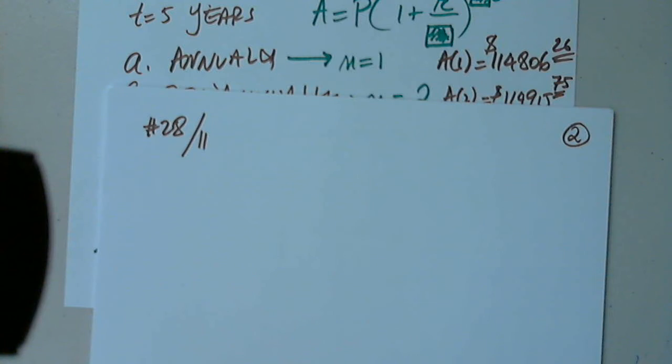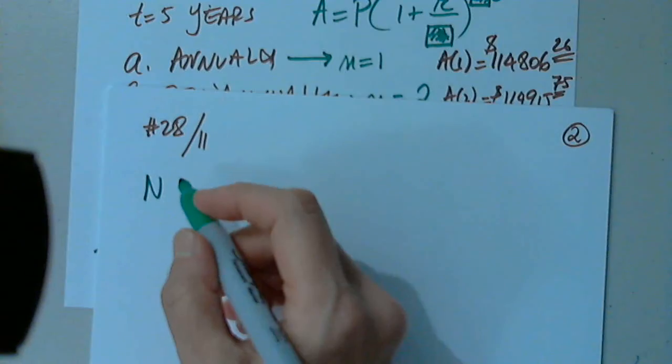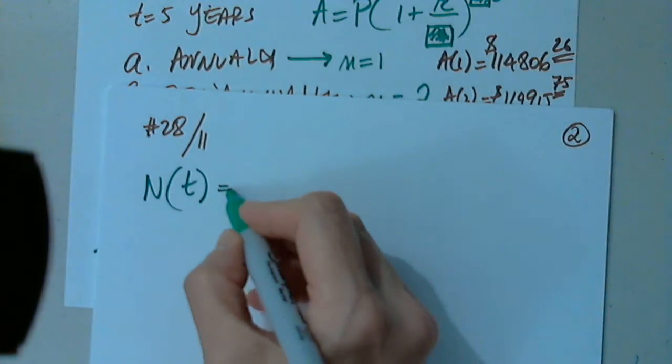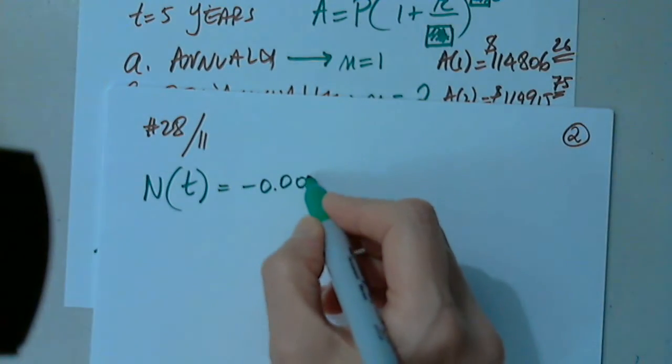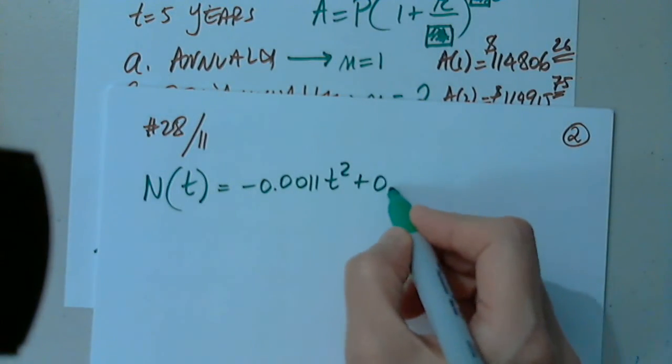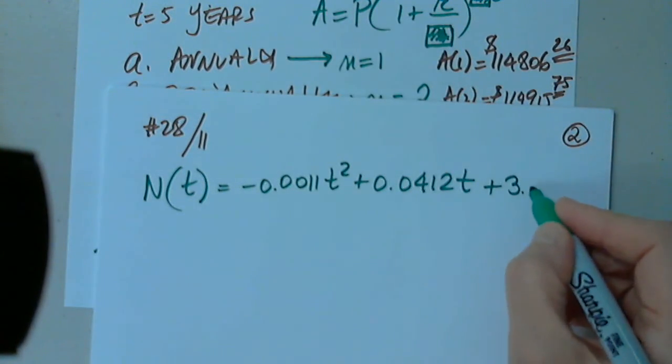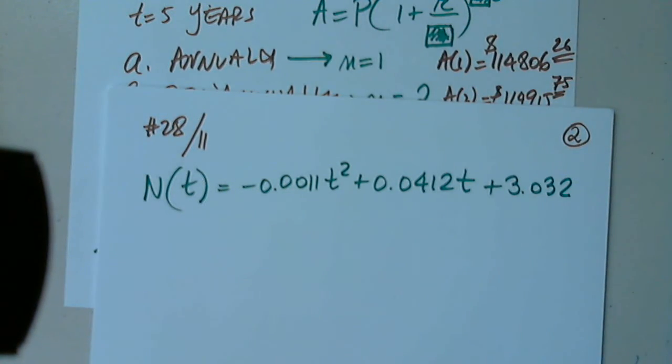They're giving us a function, where t is the number of years since 2007. What does that mean? So I'm copying the correct name of this function, N of t equals negative 0.0011 t squared plus 0.0412 t plus 3.032, where t is the number of years since 2007.